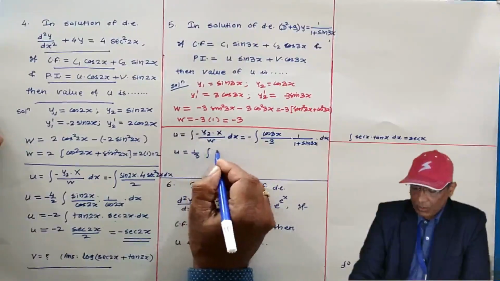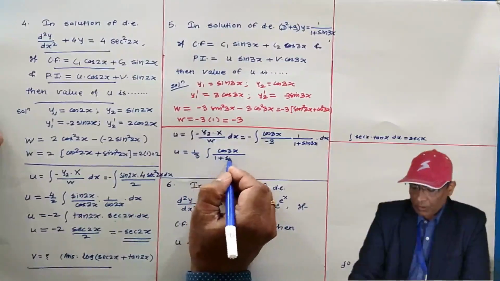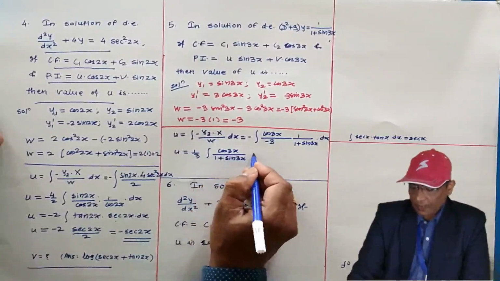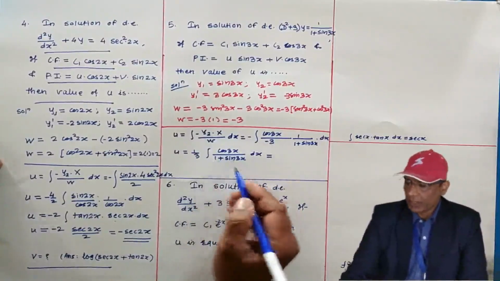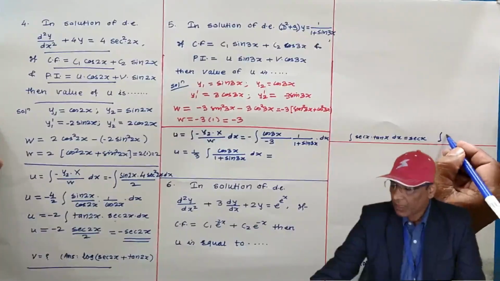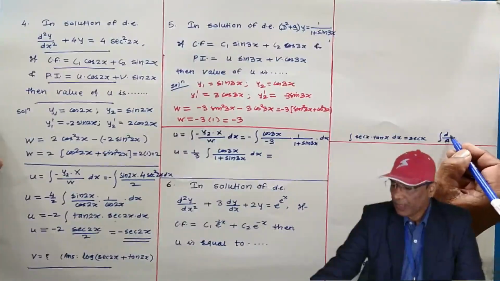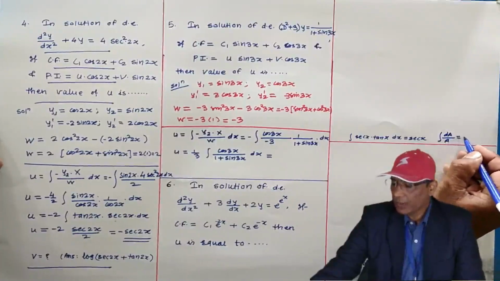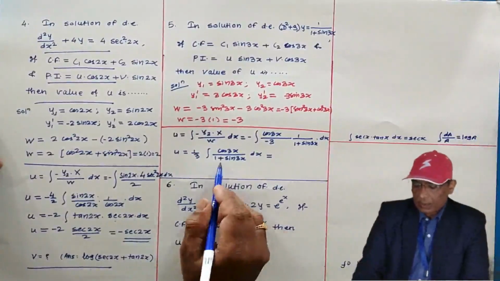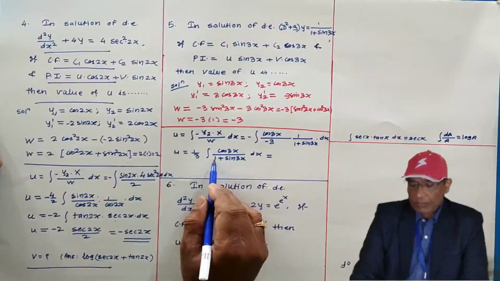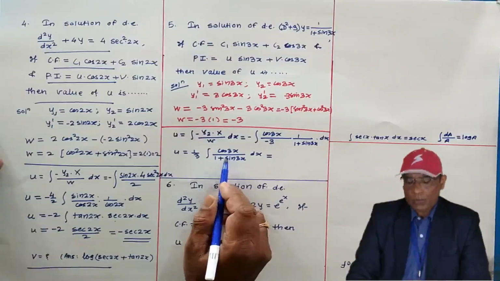If you look at this function, what is being observed here is that the derivative of the denominator is present in the numerator. In integration, if A is in the denominator and the derivative of A, dA, is present in the numerator, then the integration of the total function is log of A. It's the same kind of situation here. The derivative of 1 is 0, the derivative of sine 3x is 3 cos 3x.